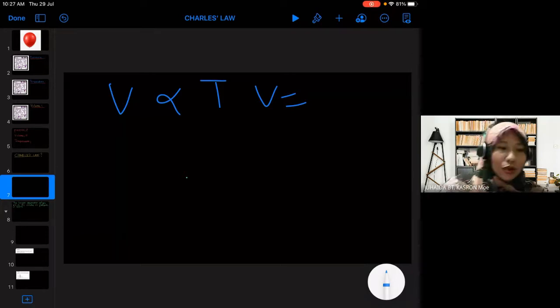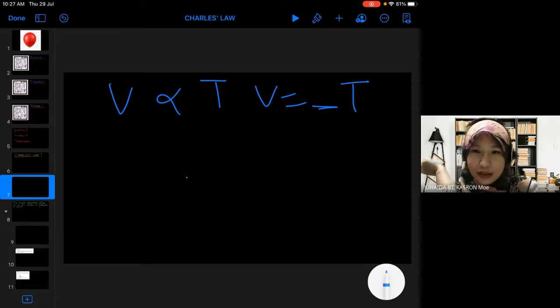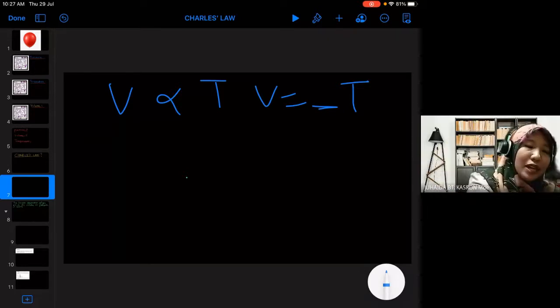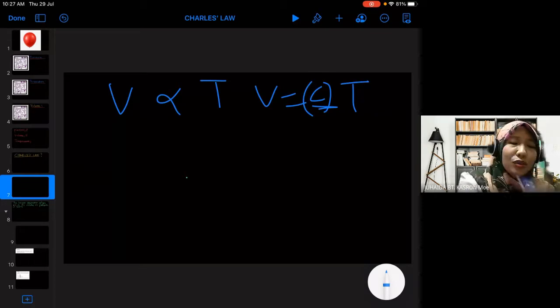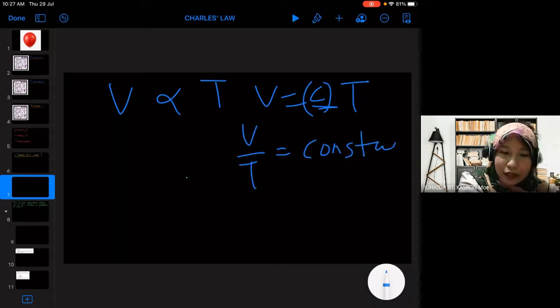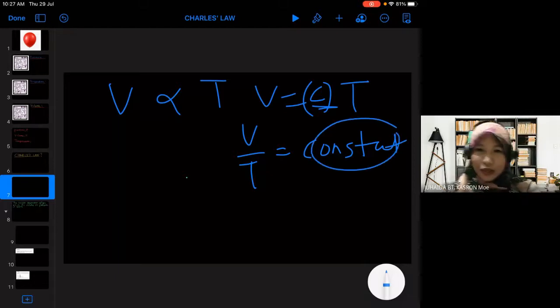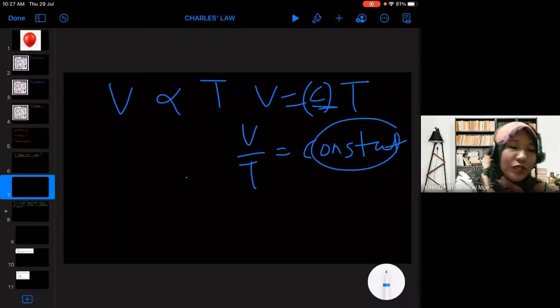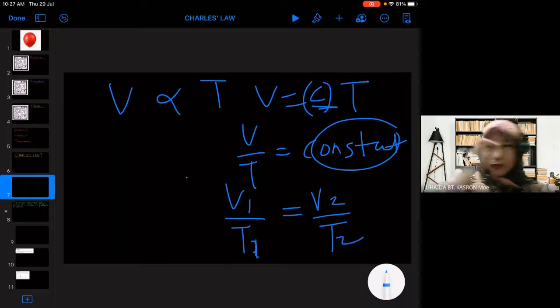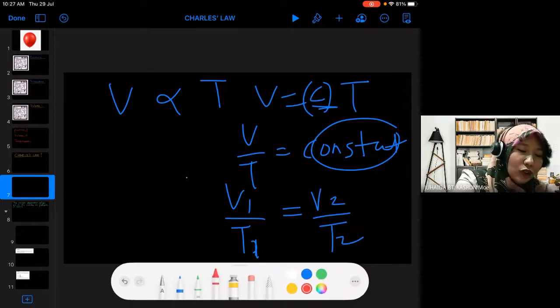V equals something in front of the T, which must be a constant. So V over T equals a constant. We change the formula into V1 over T1 equals V2 over T2. This is the formula of Charles law.